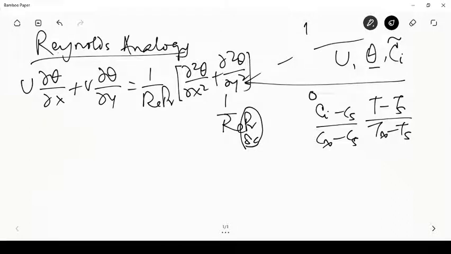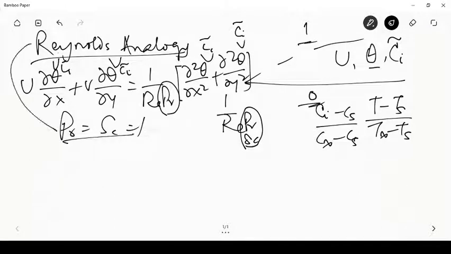We said that these equations become identical when I replace this with U or Ci tilde. All the other terms are identically the same provided Pr or Sc become 1. So in the U equation there is only 1 by Re, in the Ci equation there is 1 over Re Sc, and in the theta equation there is 1 over Re Pr. All these equations become identical with the same boundary conditions, 0 here and 1 here, if Prandtl number and Schmidt number are 1.